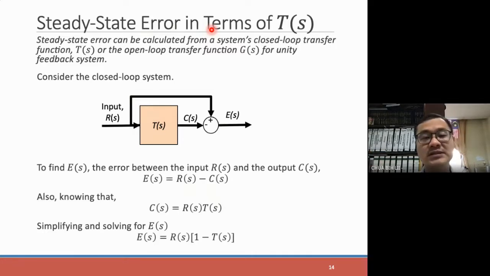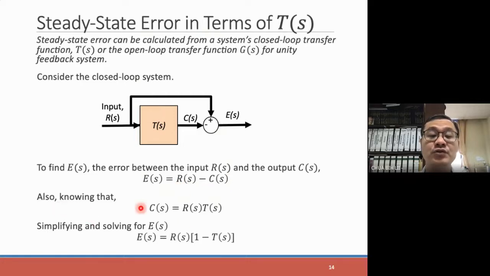So this is where we see, if we put our control system in this closed loop form, with input and integrator to the output, that to find this error, the error between the input and output is given by this formula: error equals input minus the output.